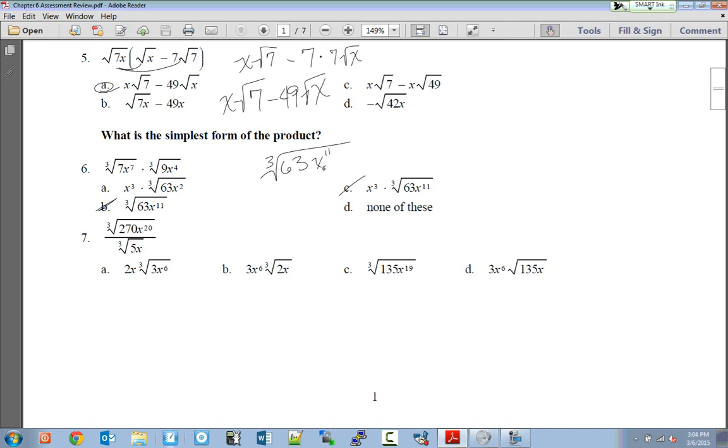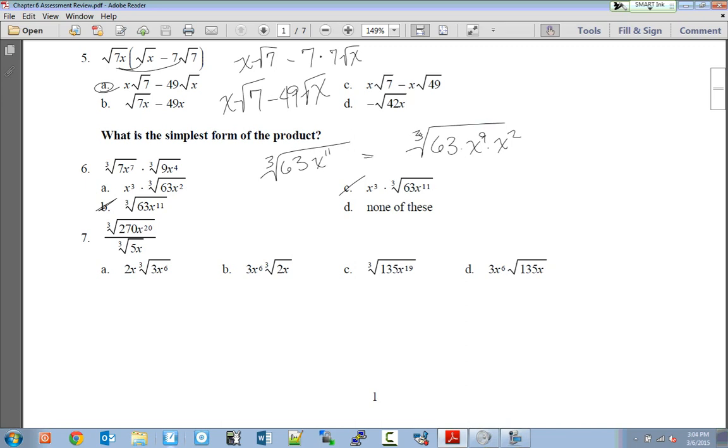Well, let's take the cube root of x to the 11th. What's the largest number that will go into 11 that's divisible by 3? Well, the answer is 9. So this would be the cube root of 63 times x to the 9th times x squared, because 9 plus 2 is 11.